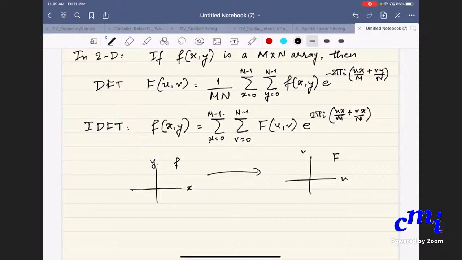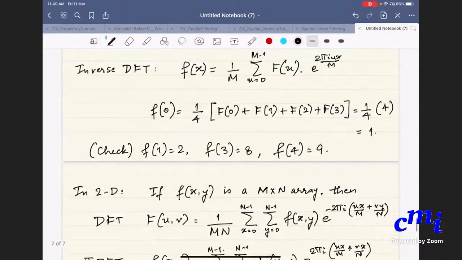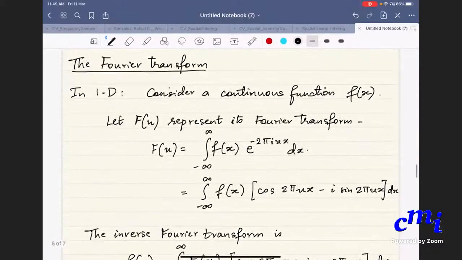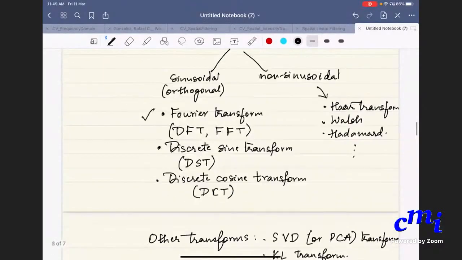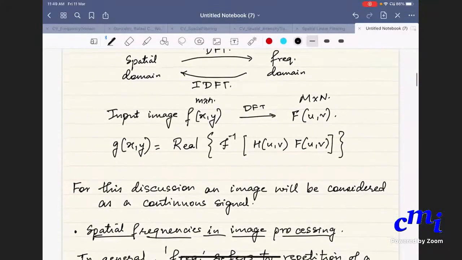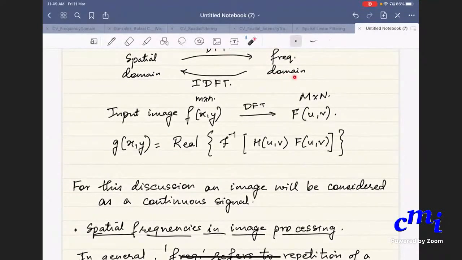There are a few things to keep in mind: this F(u,v) is a complex number, so there is a real part and an imaginary part. And that is the real part that was mentioned up here. When you want to come back from the frequency domain to the spatial domain, you take the real part of this inverse.